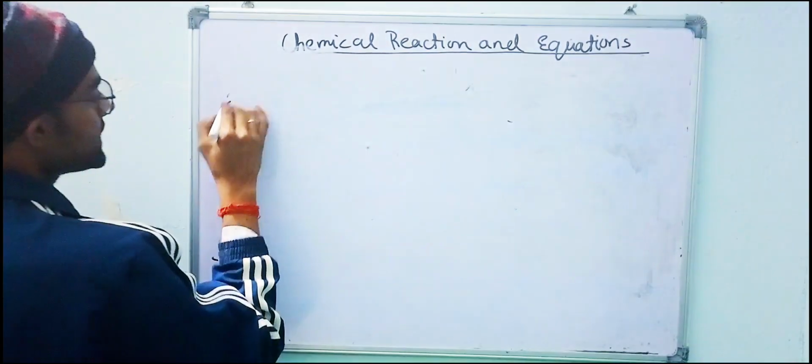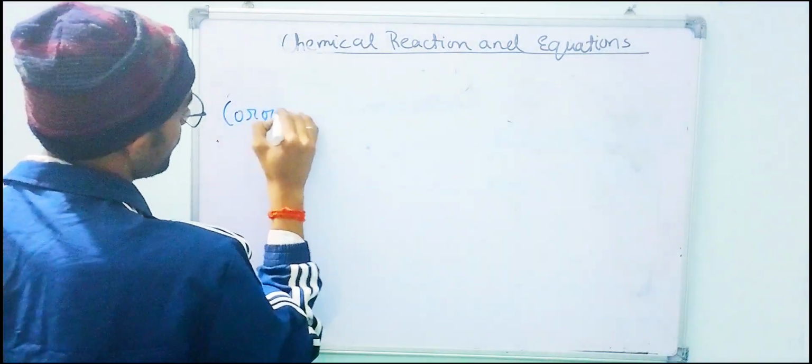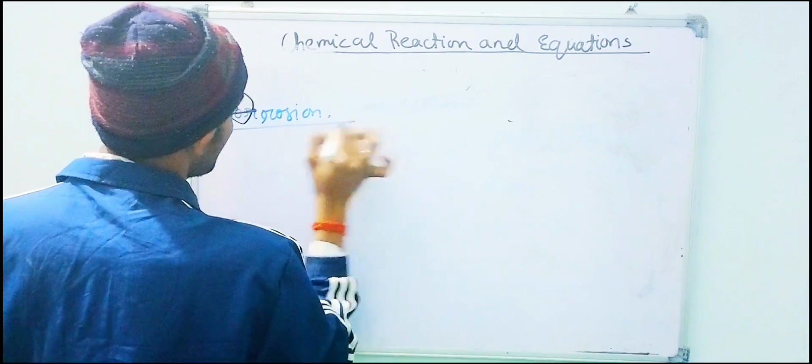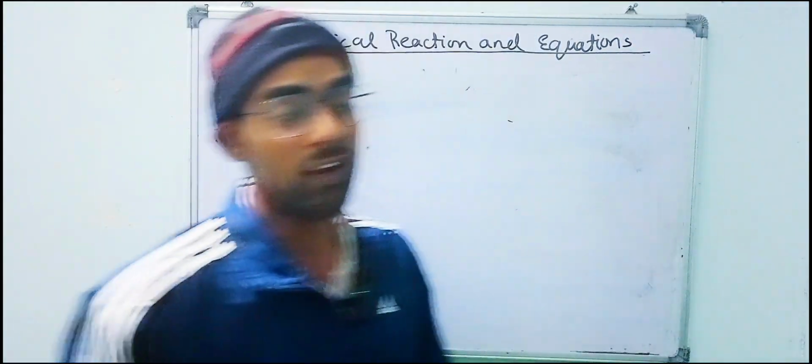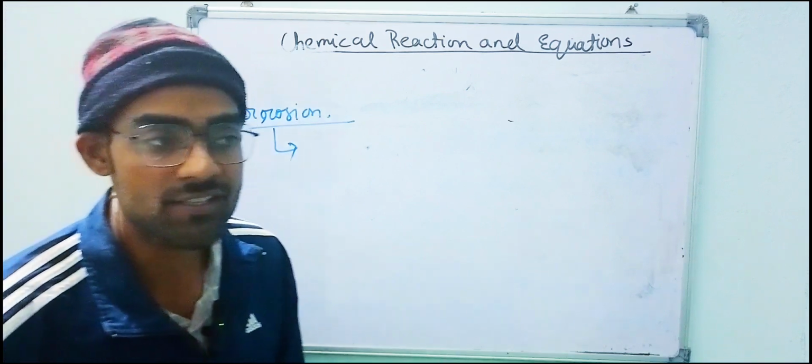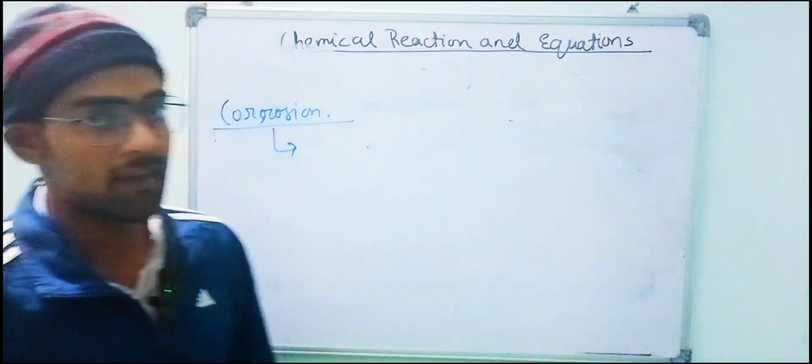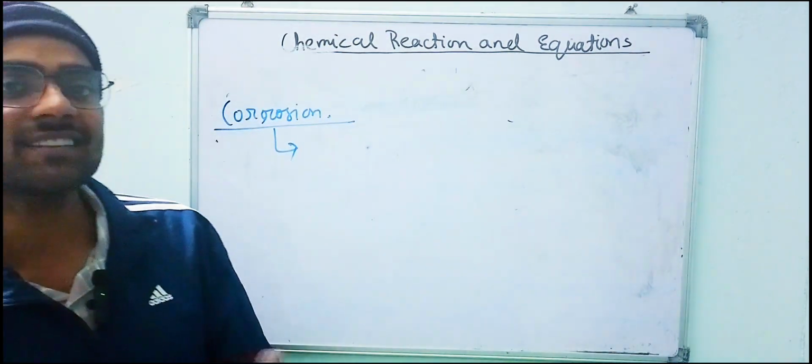What is corrosion? Corrosion is when a metal gets attacked by moisture, acidity and so on, and then there is weakness in the metal.